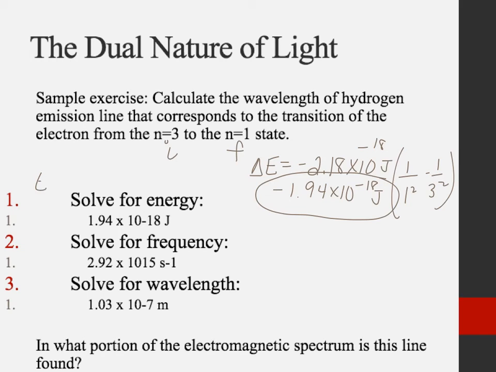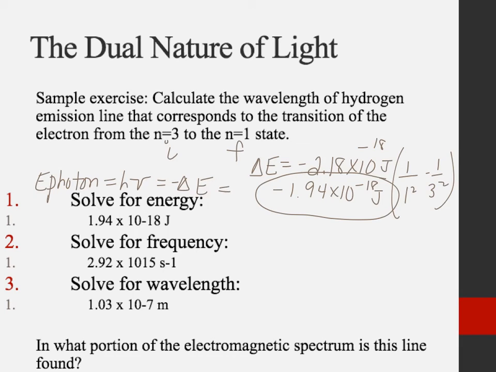But the energy of a photon is equal to h nu, which is going to equal negative delta E, which should then equal a positive 1.94 times 10 to the negative 18th joules for the change.